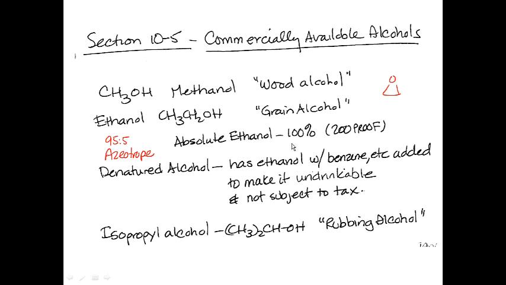If you're into alcohol, then the proof is simply twice the percentage. So if you have a beverage that has 200 proof alcohol, that means it's 100% or it's absolute.